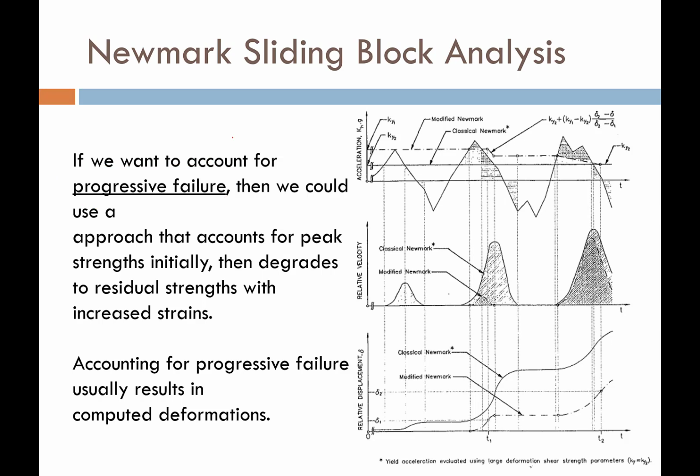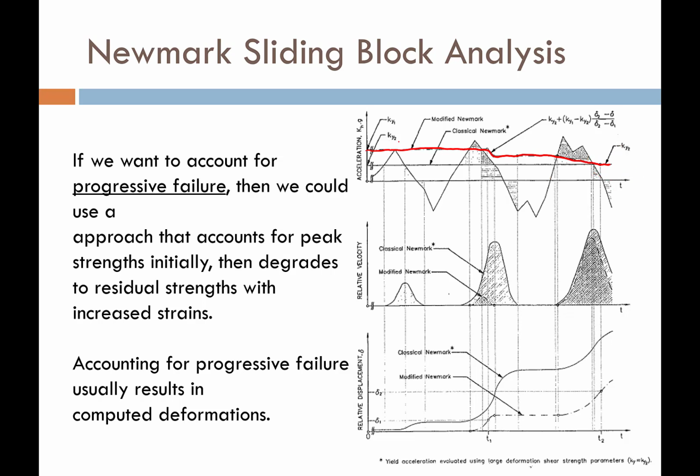And if that's the case, then the soil at low strains and early in the time history is going to be stiffer, and so it's going to require a larger acceleration to get it moving. And then as the soil softens, the yield acceleration also softens, to the point that after we've strained the soil enough, we'll eventually arrive at the residual shear strength, or the yield acceleration corresponding to the residual strength of the soil.